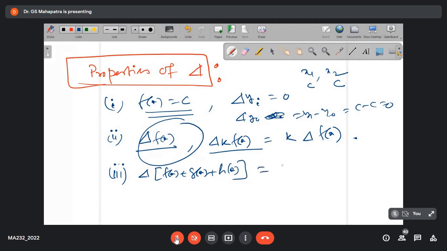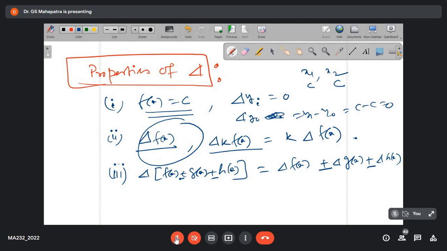You can take them separately and then add. Since it is true for 3, it is true for n number of functions.